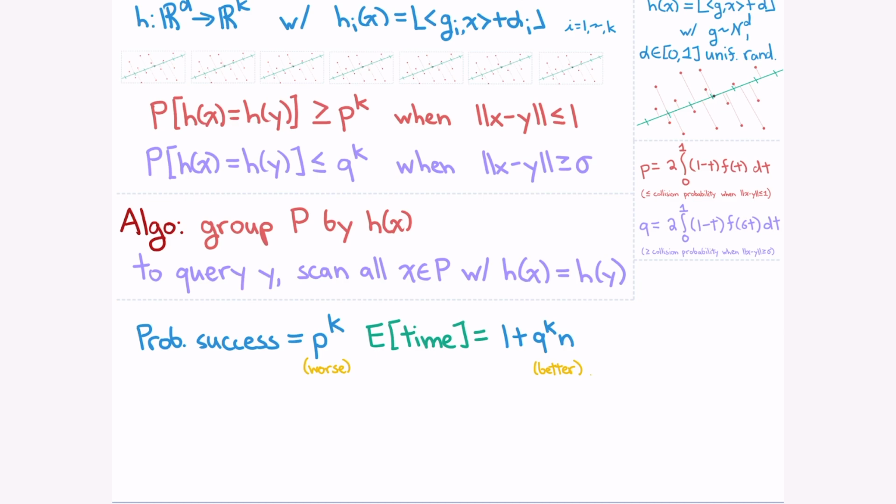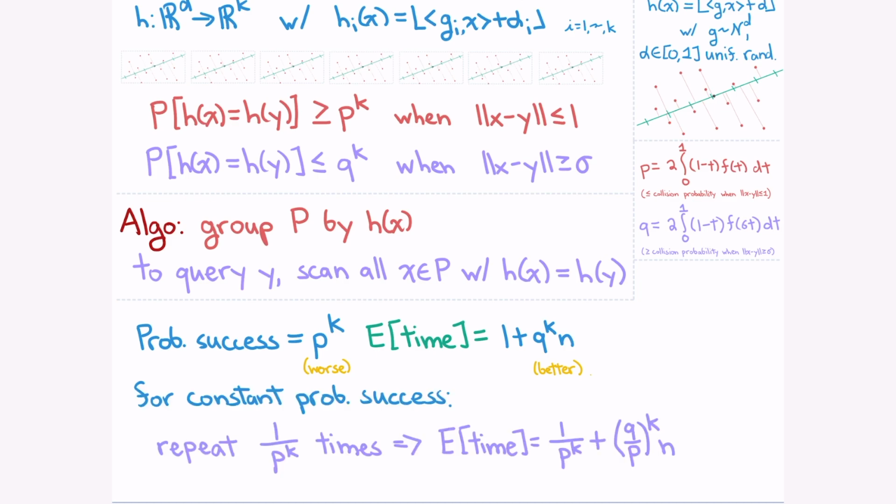We're much more aggressively filtering with each additional coordinate. So you put that all together, for constant probability of success I need to repeat 1 over p to the k times. So now I'm getting something like 1 over p to the k plus q to the k n time. Okay, so this thing is getting better.